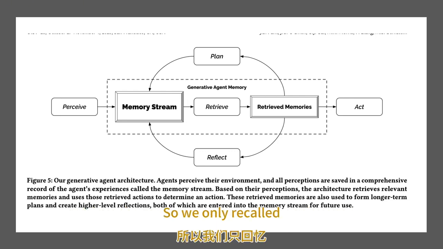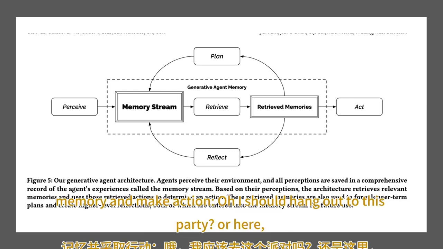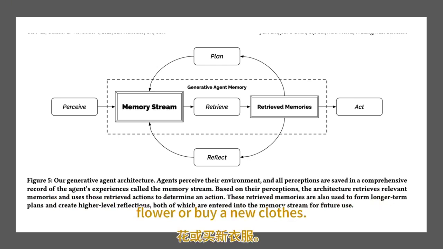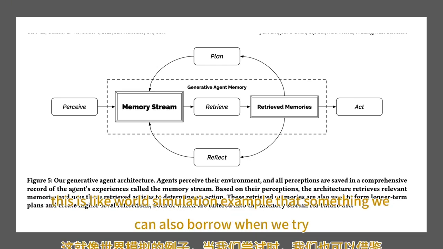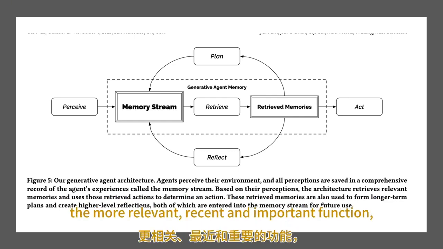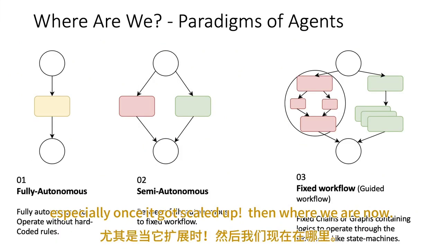So we only recall the needed memory and then make an action, like, oh, I should go to this party. Or here, set the plan: oh, maybe before I go to the party, I need to purchase some flowers or buy new clothes. This is more of a world simulation example that we can also borrow from when we try to refine our memory stream module by fine-tuning the relevance, recency, and importance functions, especially when it gets scaled up.